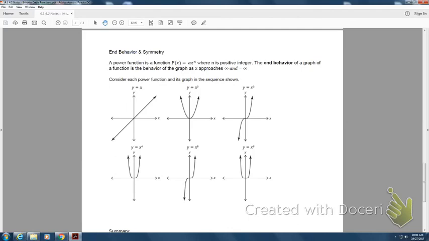Whenever we're talking about the end behavior of a graph of a function, it is the behavior of the graph as x approaches infinity and negative infinity. What you really need to pay attention to is, if you're on the line and you went to the left, is it going up or down? If you went to the right, is it going up or down? So this one is going which two directions? Down and up.